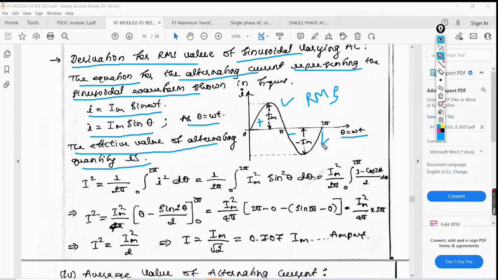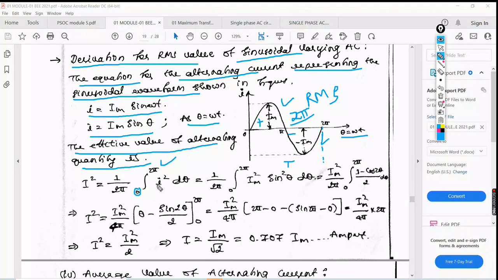This is the time period T, and the duration is 2 pi. So I square equals 1 divided by 2 pi, integration from 0 to 2 pi of i square d theta.